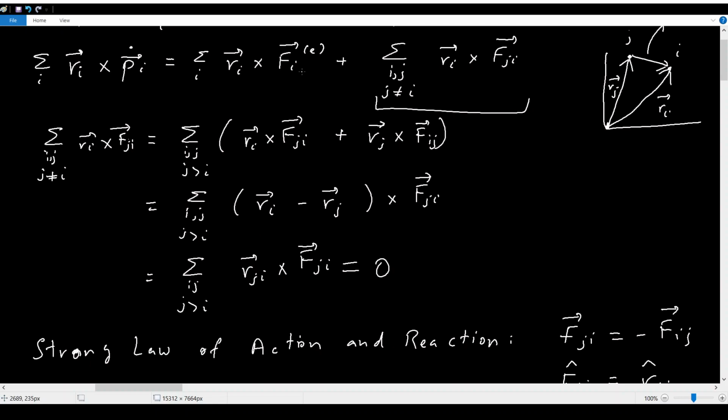What happens here? So r cross F, right? What this essentially is, r cross F is the torque. So this is the position of the ith particle and the force on the ith particle due to the external forces. So this is the external torque on the ith particle. So let me write it like this: N_i external. And what is this?